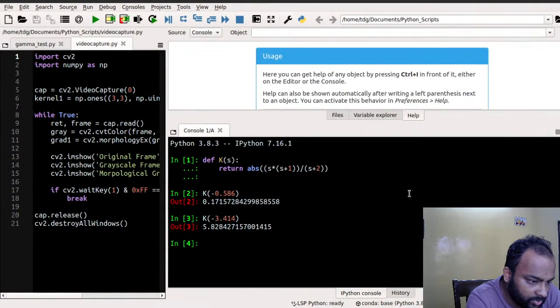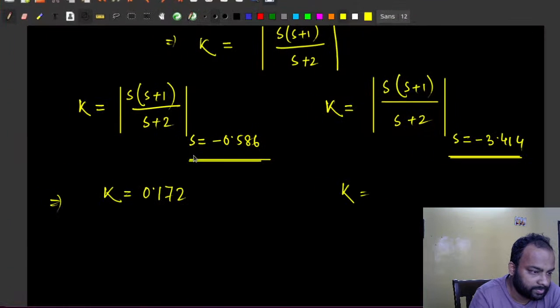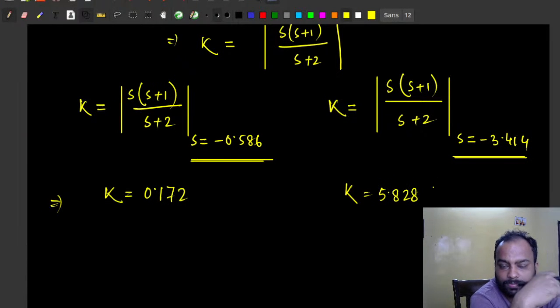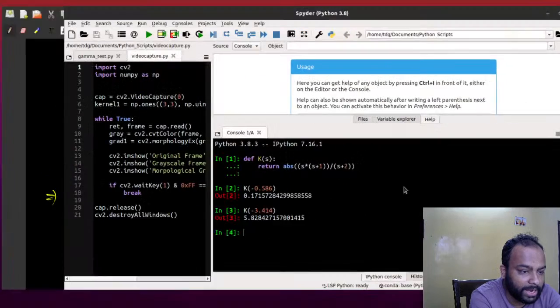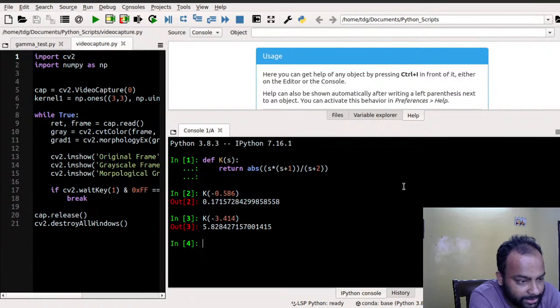Let's take the 3 digits: 5.828. Just verify these calculations are okay. Okay, so that's the thing. I do write Python programs for even the tiniest things.